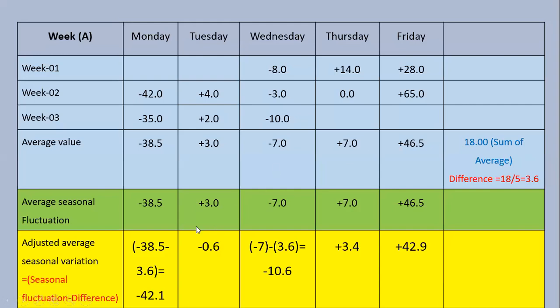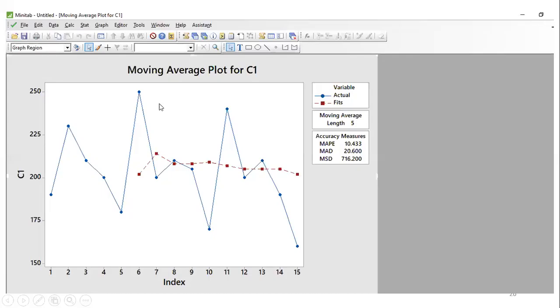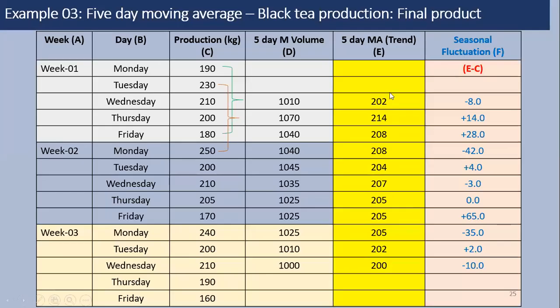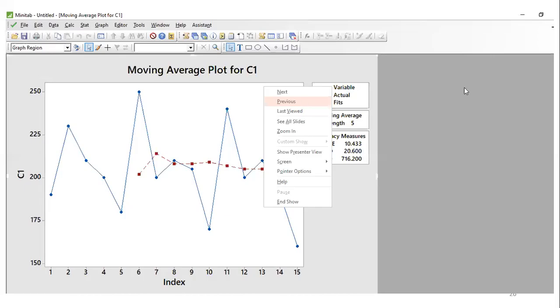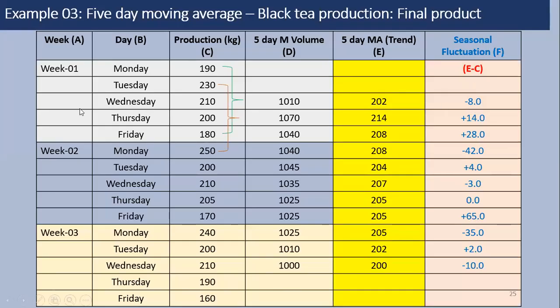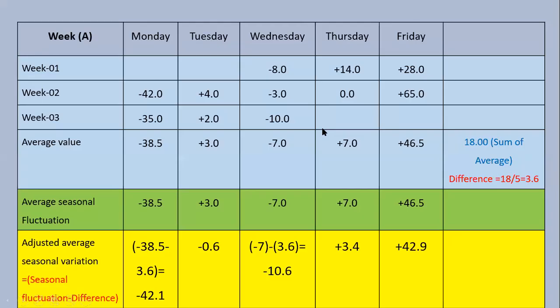Then again, we are going to analyze the adjusted average seasonal variation. Now we know how to analyze the moving average and seasonal fluctuation. You can see the seasonal fluctuation values we have obtained: Wednesday minus 8, Thursday plus 14, Friday plus 28.